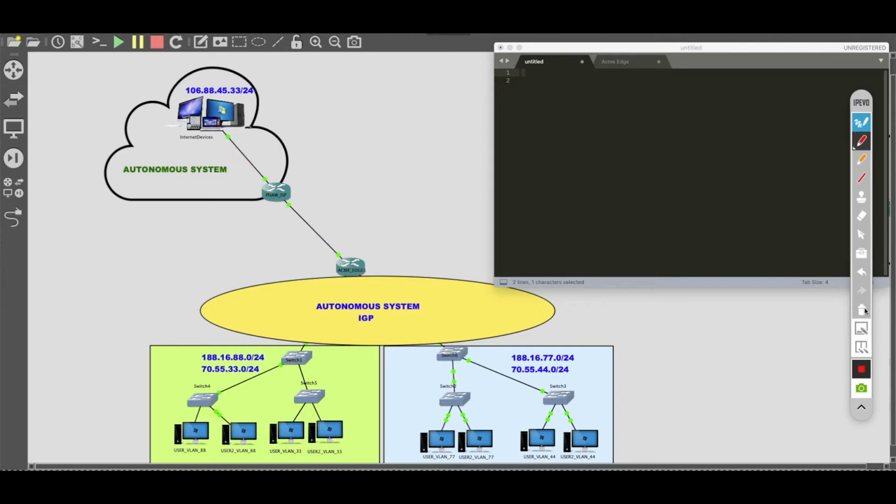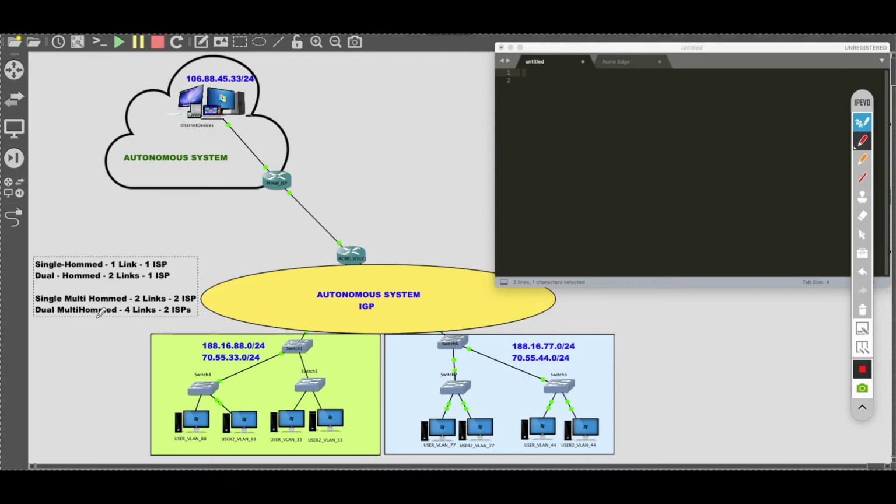So what I did is I created this topology so that we can go over the different internet connectivity models and interconnectivity types. The simplest of all internet connectivity models is the single homed environment, where you have one link to one ISP. This model, however, is the most vulnerable because there are two fault scenarios that could exist.